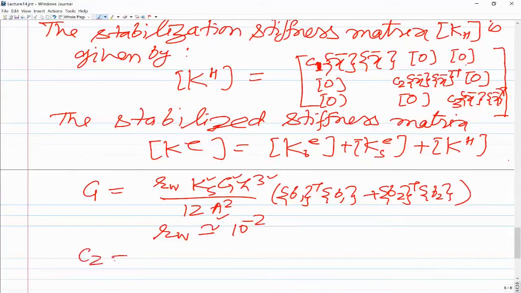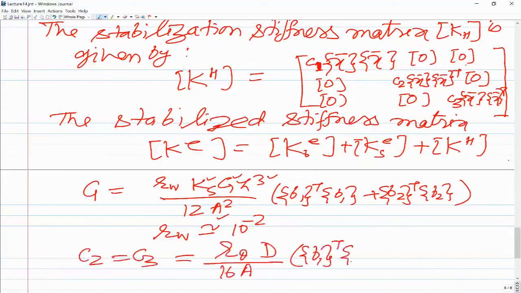Similarly, if you look at c2 and c3, they are the same. Let us say that these are to control theta x and theta y. So r theta into D, the flexural stiffness, Et cube upon 12 into 1 minus nu square, that you know, 16A. And then of course here you have B1 transpose into B1 plus, these would be scalar.